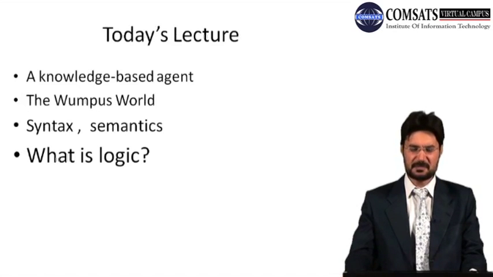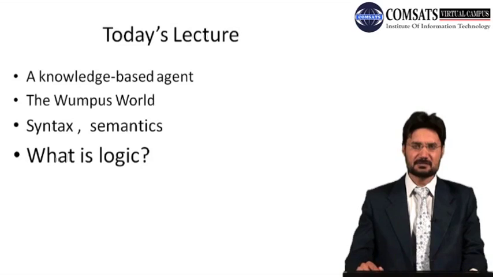Today we will discuss knowledge-based agents, what knowledge is, because until now we studied what kind of agents there are, what kind of problems there are, and what kind of ways there are of finding solutions. So there are informed search and uninformed search. Then we also discussed the different environments for agents, what kind of environments there are and what kind of output they can produce.